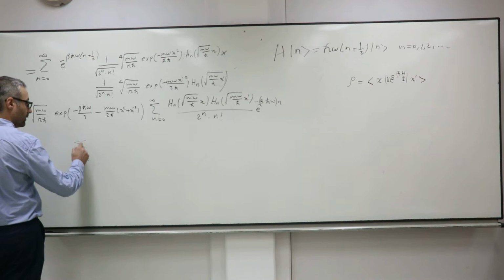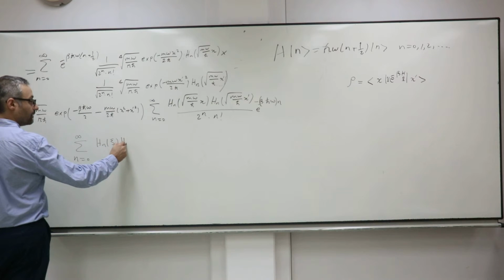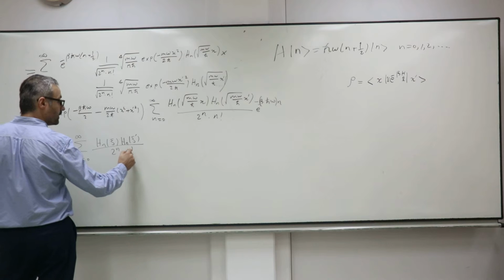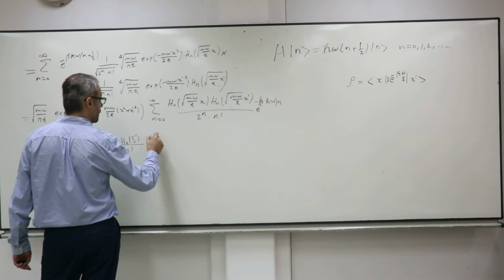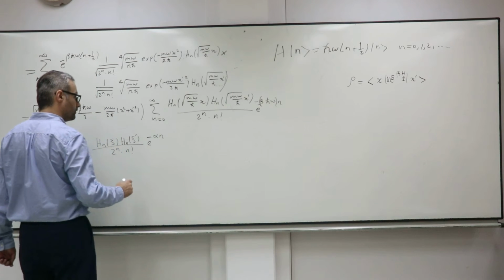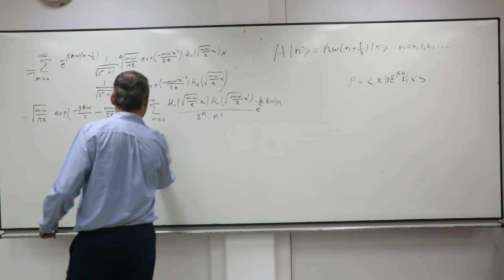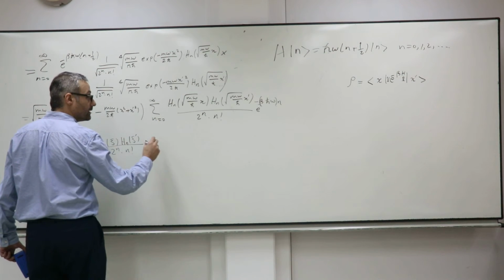This is our problem. H n of xi, for example, H n of xi prime over 2 to the power n n factorial, times z to the power n. What is the z?